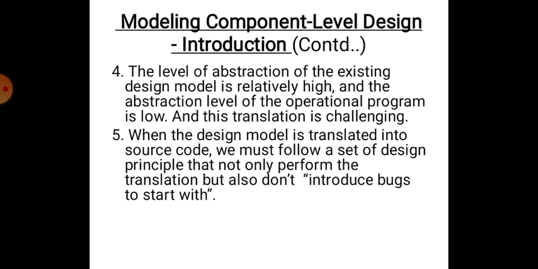Students, when you develop a design model, the level of abstraction is always high because you have to take into consideration the total system, whereas when it comes to the operational program, you should work at minute details. That is, the abstraction at operational program level is very low, and when you want to translate this higher level abstraction into lower level abstraction, it is more challenging, or you have to put in more effort and intelligence.